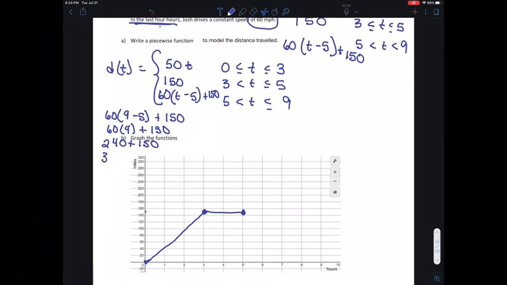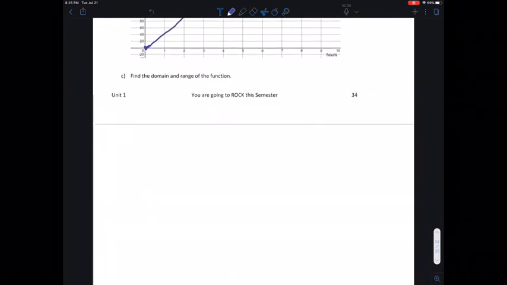So I would have traveled 390 miles. So at 9, 390, is that right? 390? Well, we're going to say that that's up here somewhere because we ran out of space. So that's what our graph would look like.